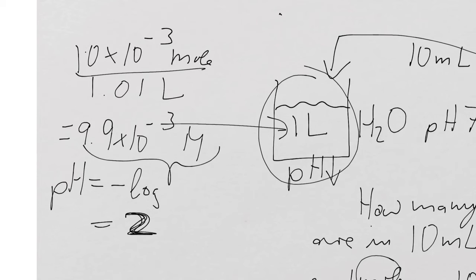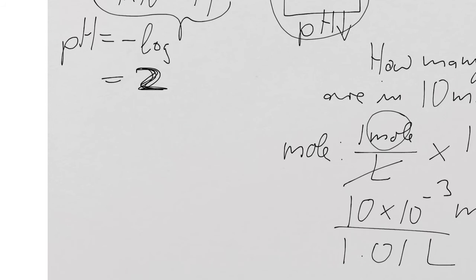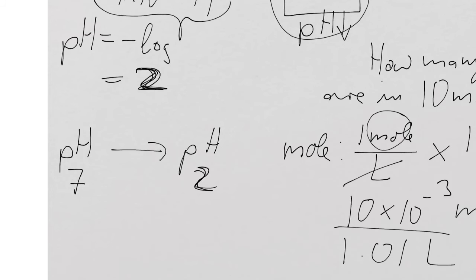So, by transferring 10 milliliters of this 1 molar hydrochloric acid, our pH shifts from pH 7 to pH 2. Okay?